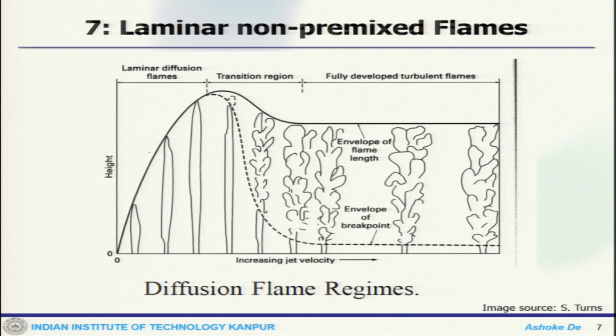First, you can have a laminar diffusion flame, and in the laminar diffusion flame, with increasing jet velocity, that means for simple jet flames, this is not for all, this is for some jet flames, you can see the height is increasing. That is a laminar diffusion flame.